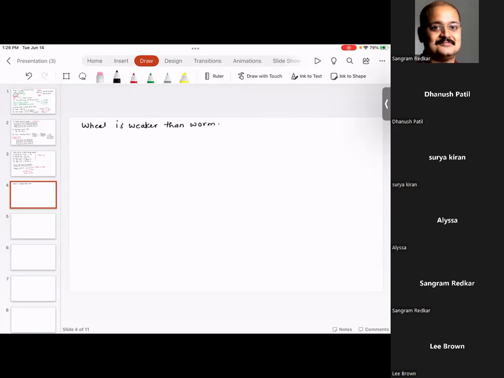So what that means is always for a worm wheel, the wheel is designed and the worm dimensions are decided based on the wheel.